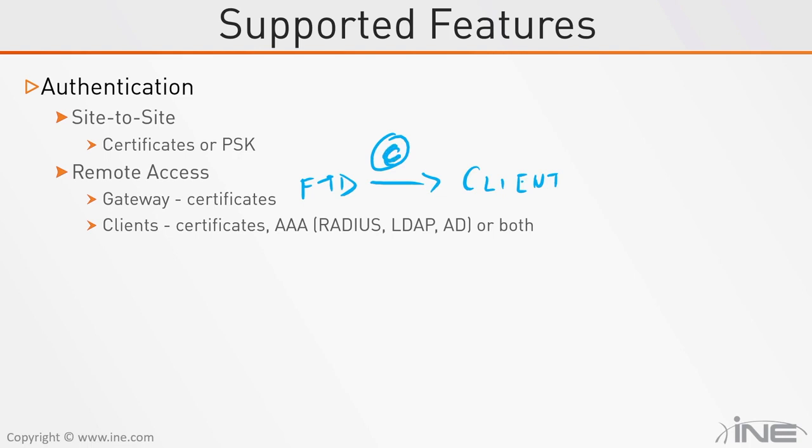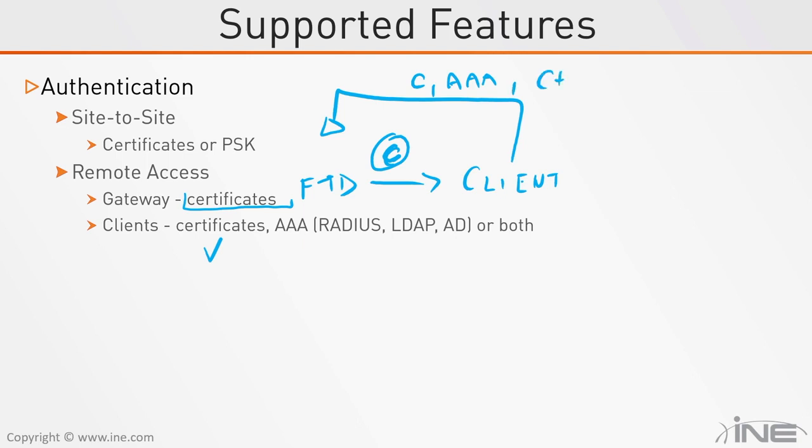So certificates is the only supported method for the gateway to client authentication, versus for the opposite direction. As the client authenticates to our gateway, to the FTD unit, we can go for certificates, we can go for AAA, or we can use a combination of the two.